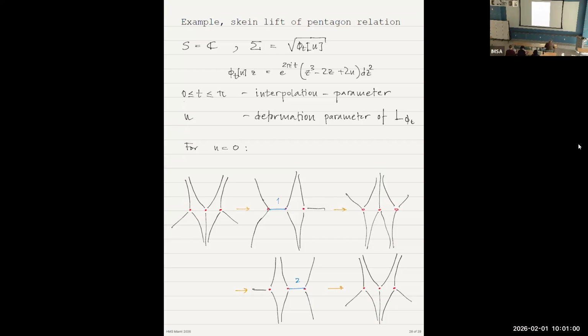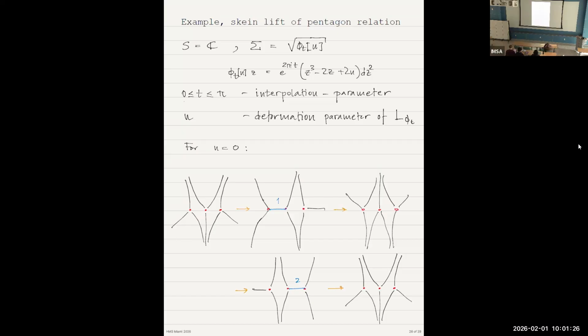This is the slice, the two-dimensional flows, and then as I deform by t, I can check that I first hit one disk, and then after a while I hit another disk. It's not so hard to draw. So this is what happens at u equal 0. So we see that our Skein lift of the empty link is a product of two disks, right?